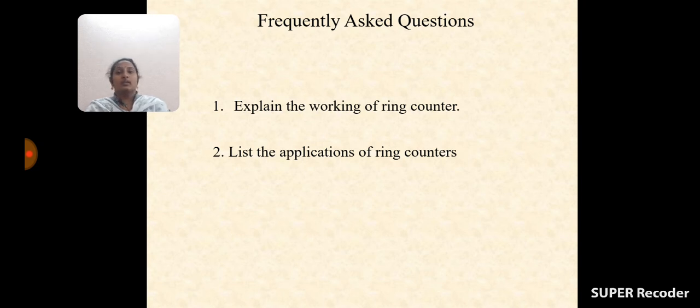Tell me, whether it may be constructed with the help of JK flip-flops or with the help of D flip-flops. For ring counters, there is a choice. It may be constructed with the help of D flip-flops or with the help of JK flip-flops. So that is the speciality.